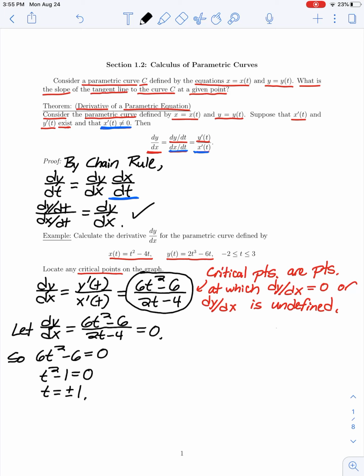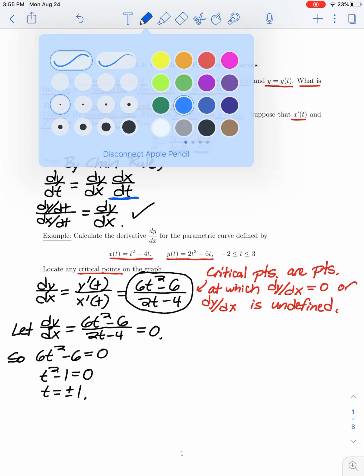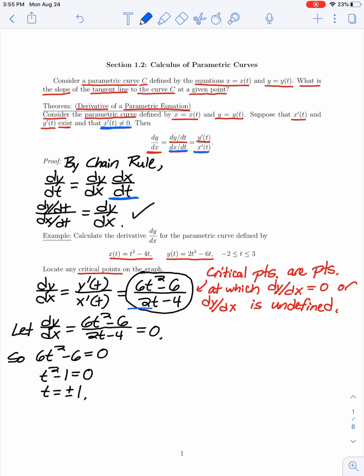Now, the other type of critical points which we could have would be points for which our derivative dy/dx is undefined. Now, the only way that this derivative can be undefined is if we have division by 0.